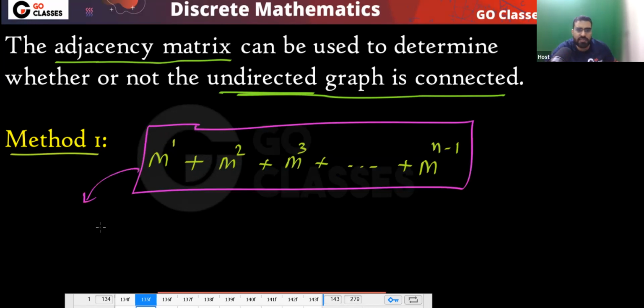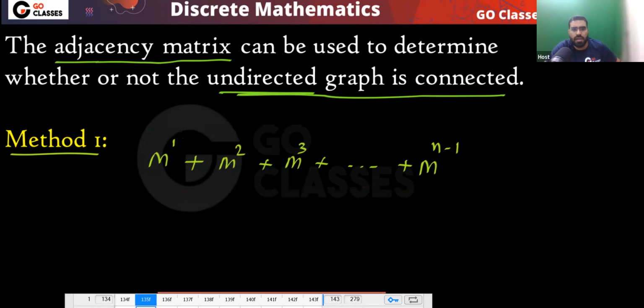If it is connected, then in this, what should happen? I am talking about an undirected graph.